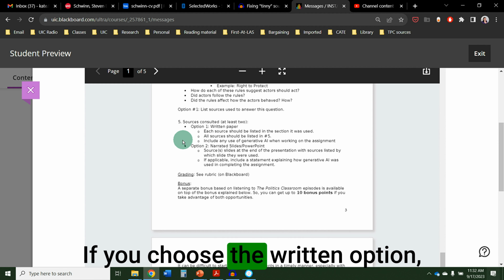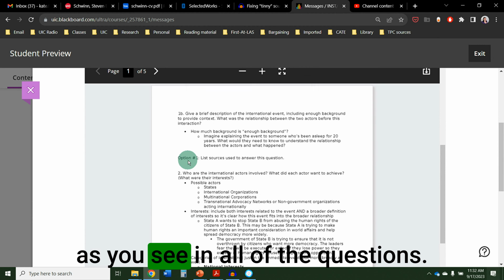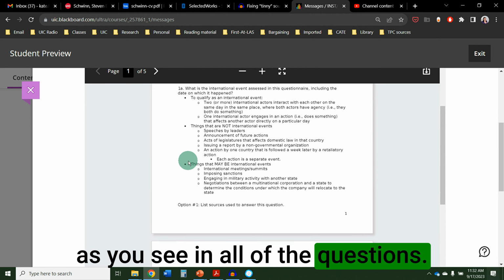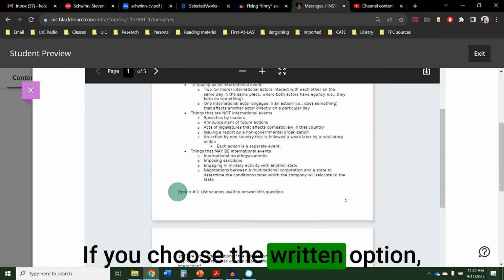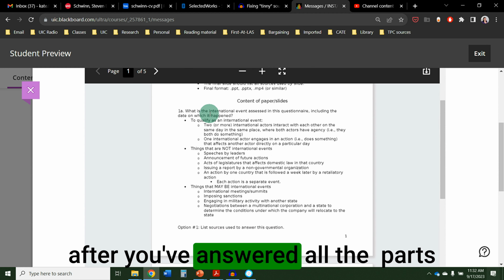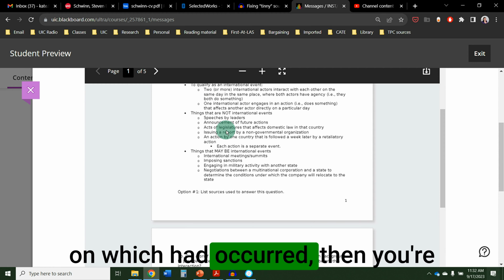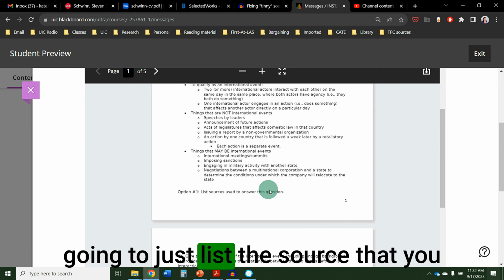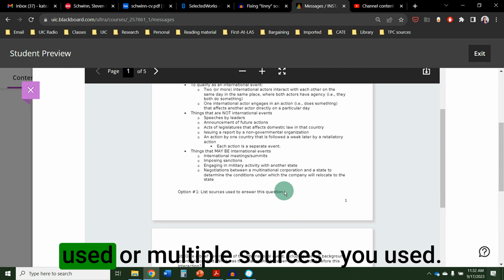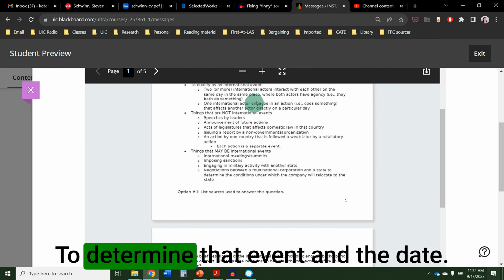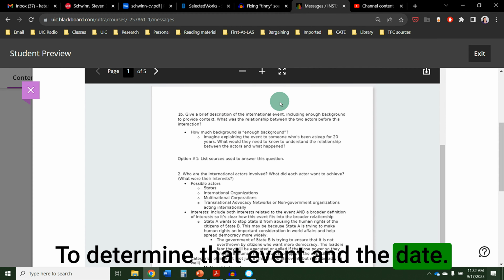If you choose the written option, as you see in all of the questions, after you've answered all the parts of 1A, what the event is and the date on which it occurred, then you're going to just list the source, or multiple sources, you used to determine that event and the date.